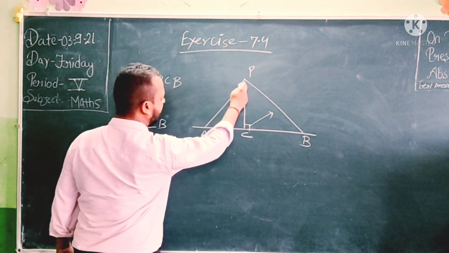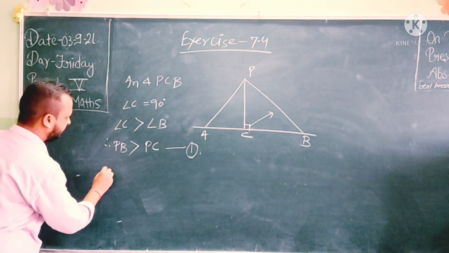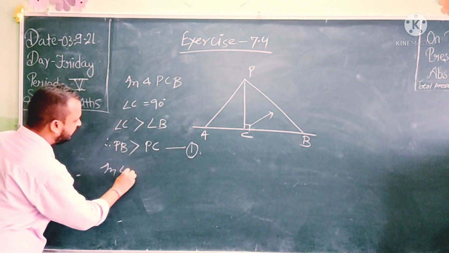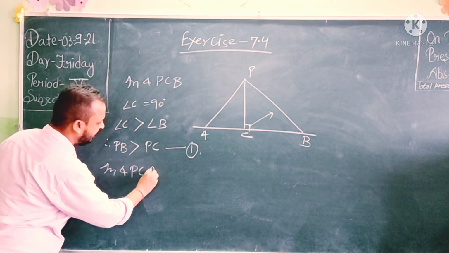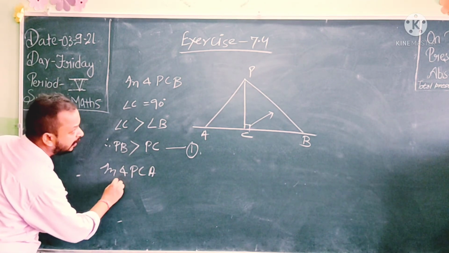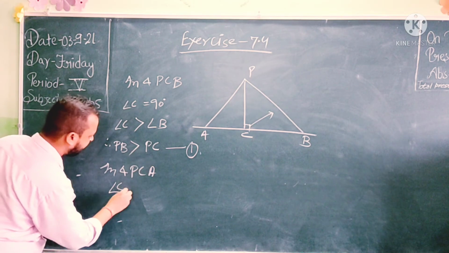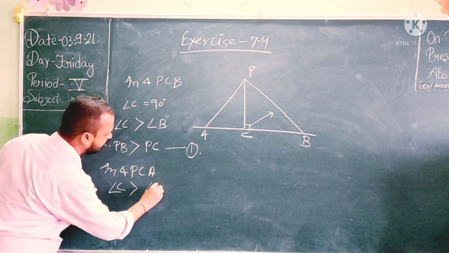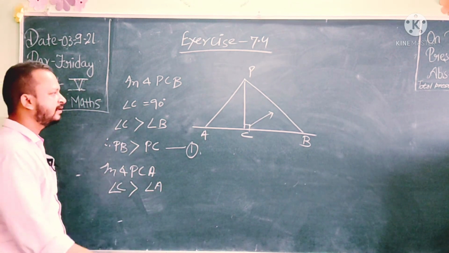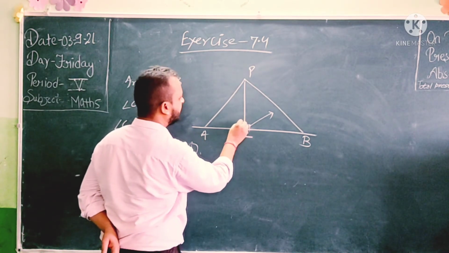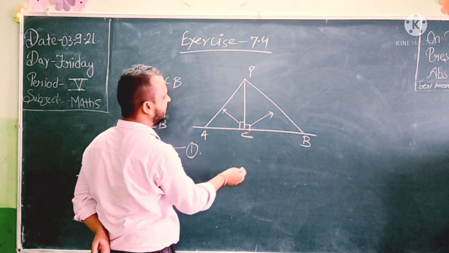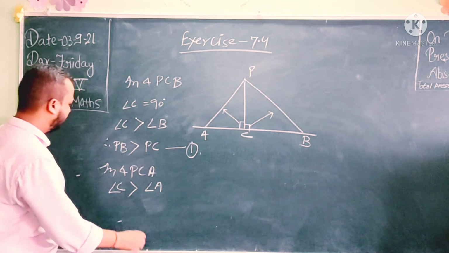Then come to triangle PCA. Same. So in triangle PCA, angle PCA is greater than angle A here. So this side is greater than this side.